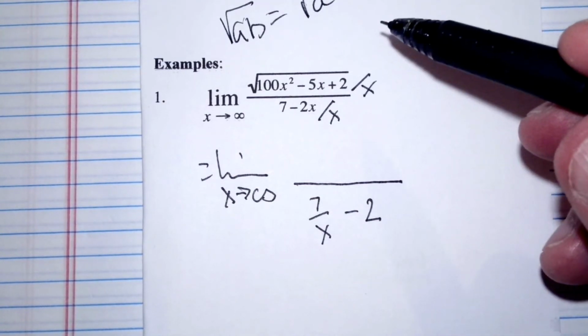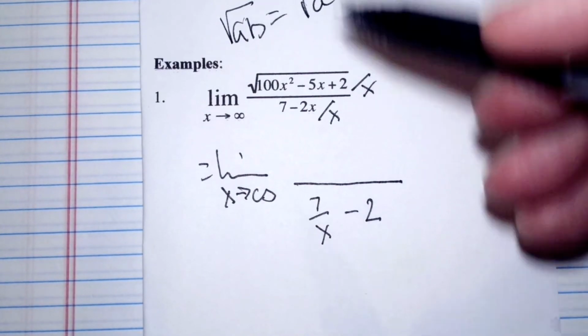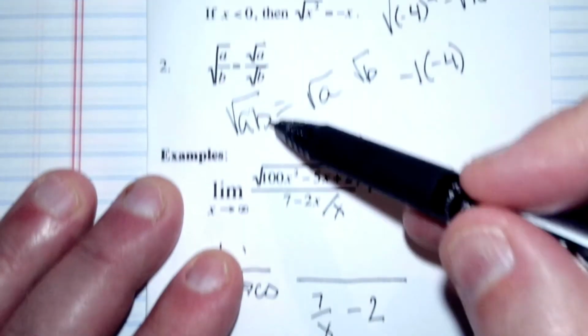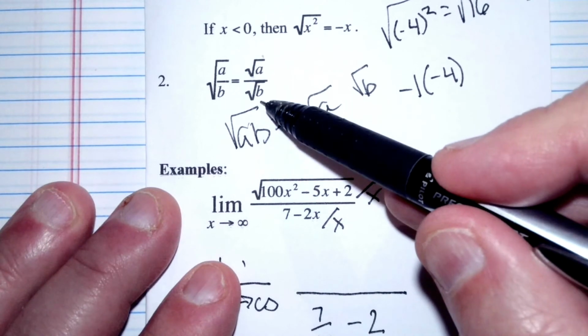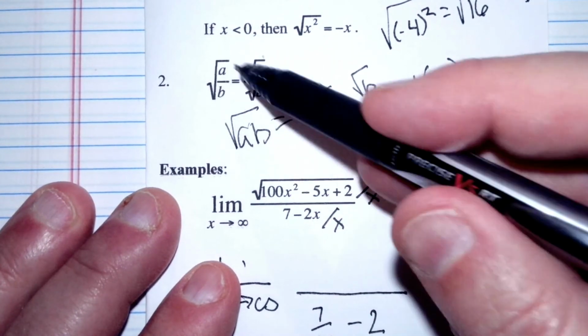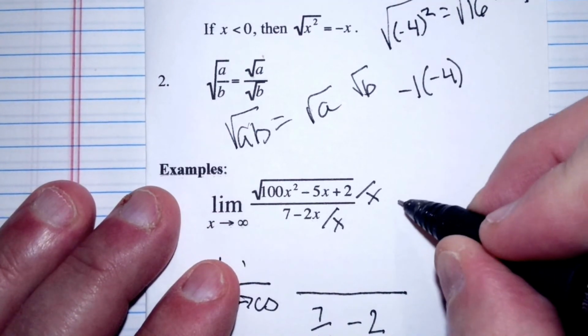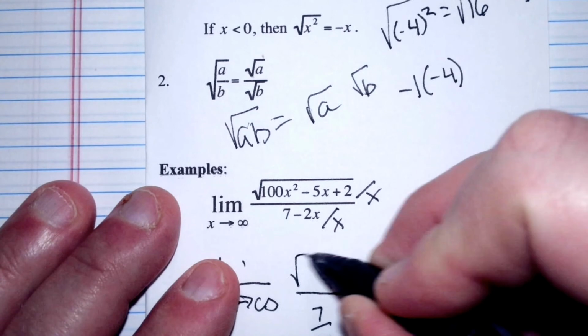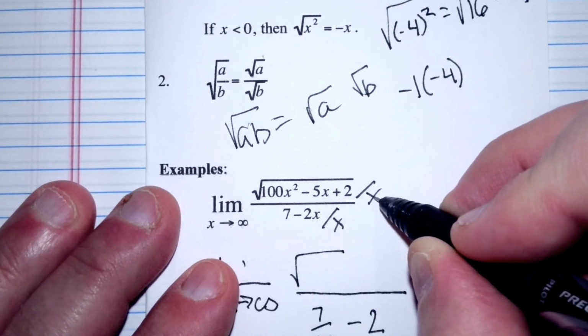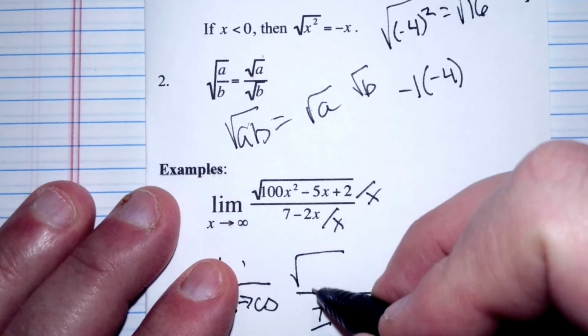It doesn't work that way. We can use this idea. We can divide one square root by another square root and then combine them into a single square root, and then we can divide what's under the radical. But what we've got to do is rewrite this x we're dividing by as a square root.